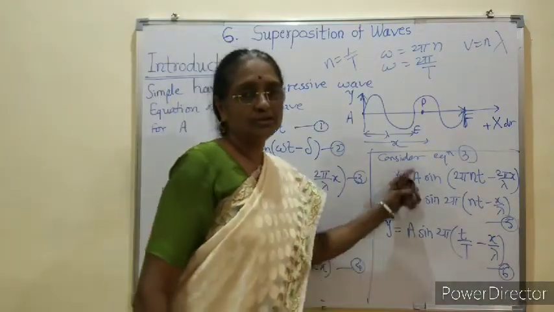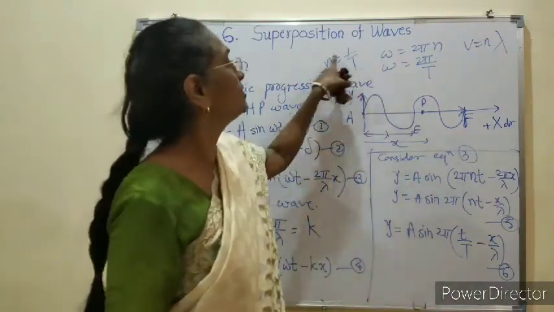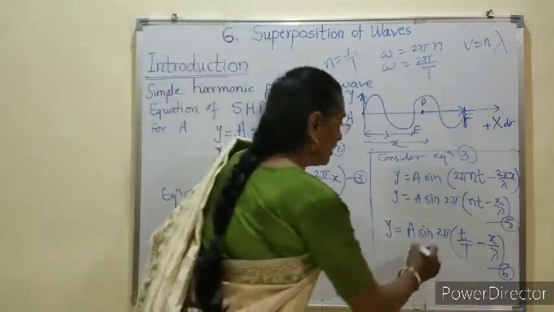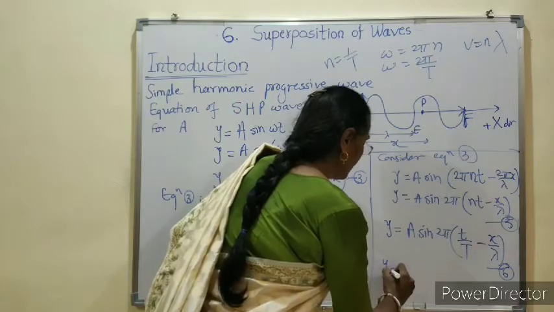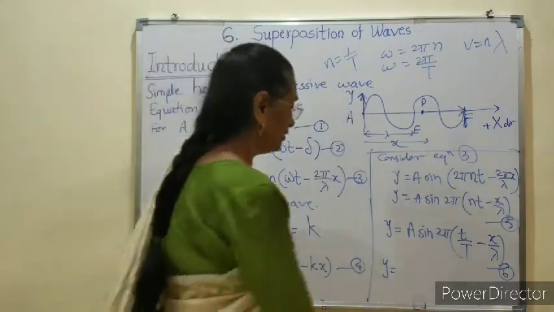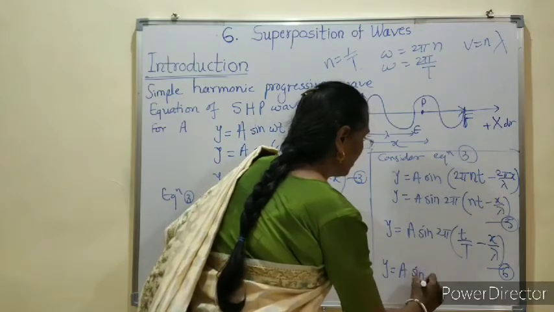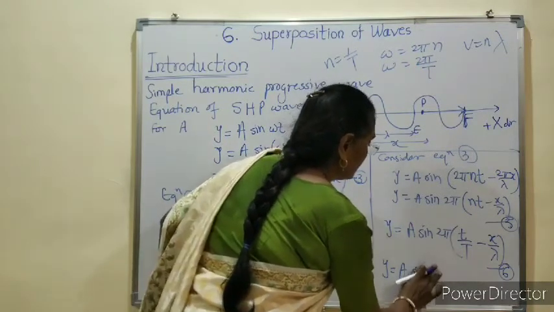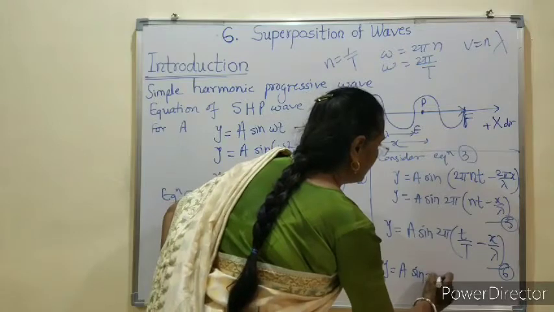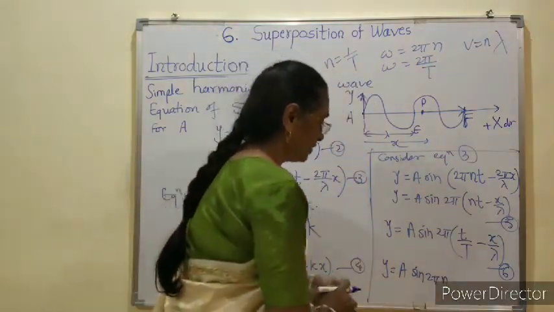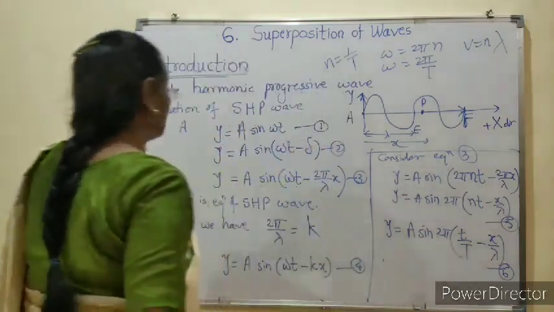So this is only the adjustment of various terms by using our basic terms and their relations. Also we write y is equal to a sin 2 pi.